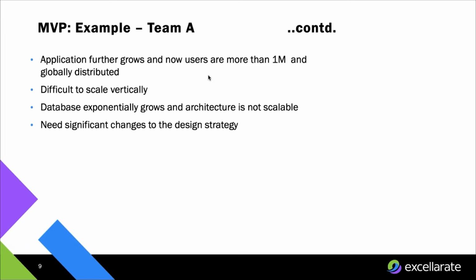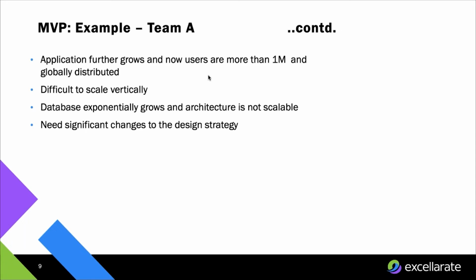The database also grows exponentially and the architecture was not scalable. Now they need significant changes to the design strategy. So the situation is that they either had to stop the work and redesign the application, or find a way to fulfill the ongoing demand of the users.